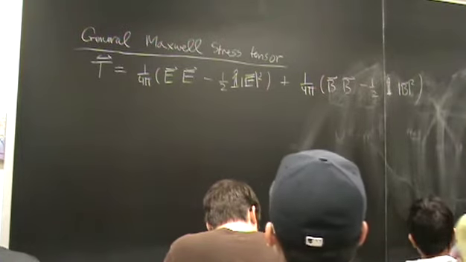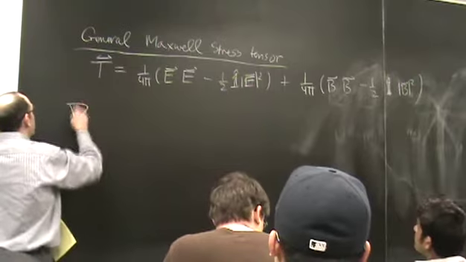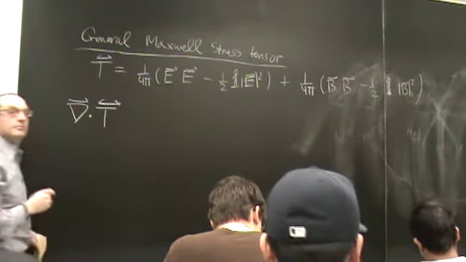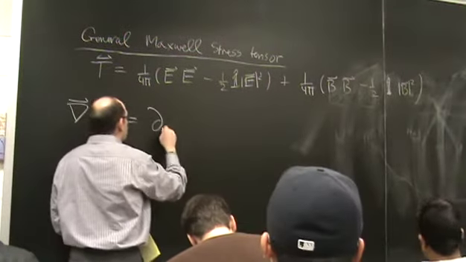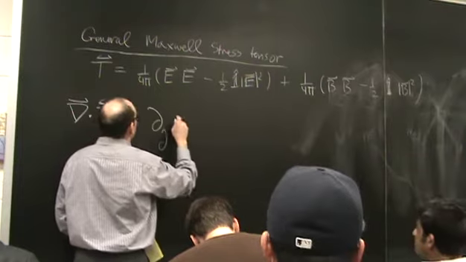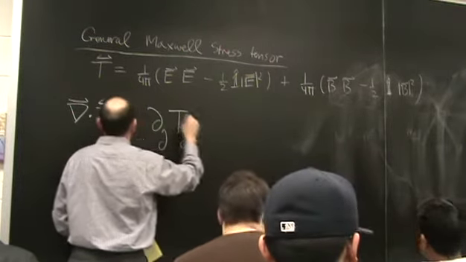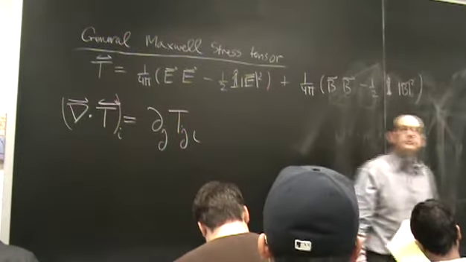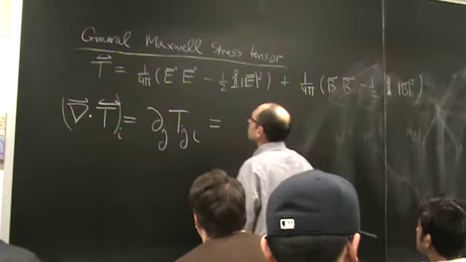So, let's consider then the flux of this thing, or locally the divergence of this thing, partial j T_ji. This is the ith component of this.